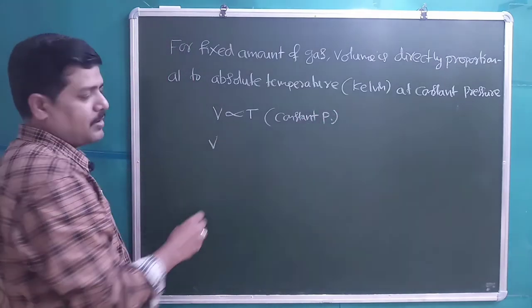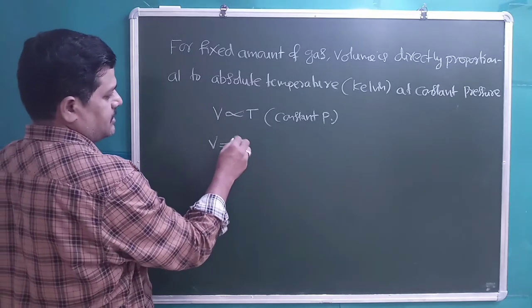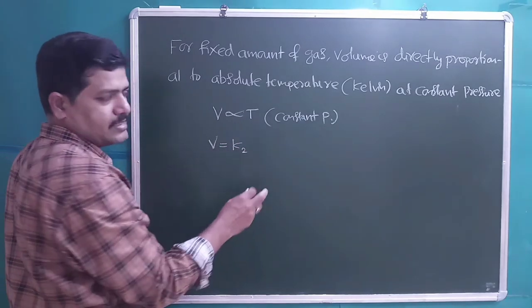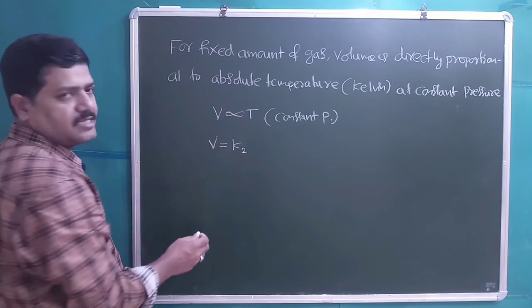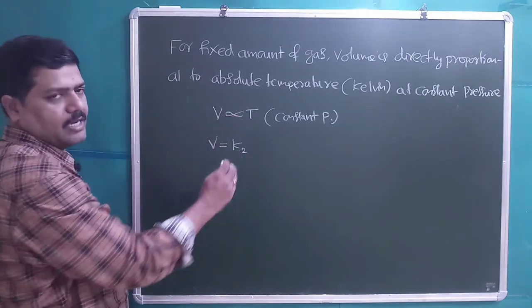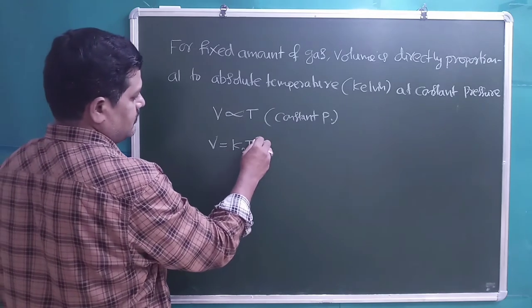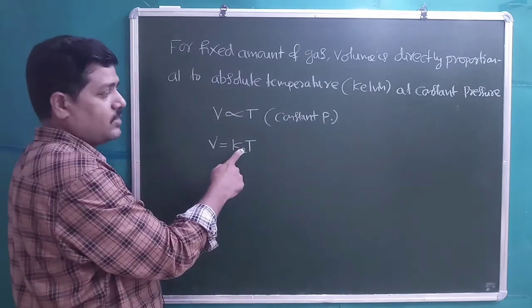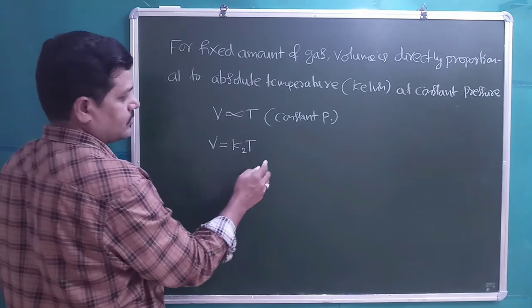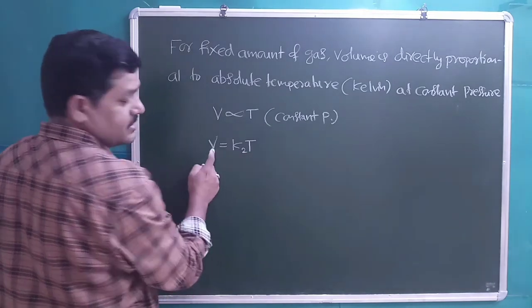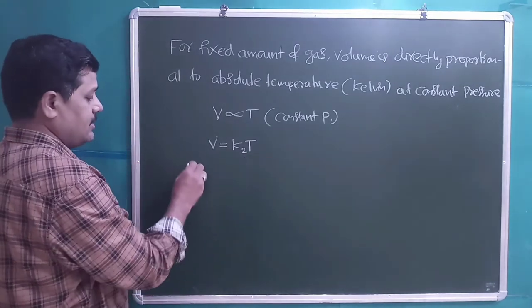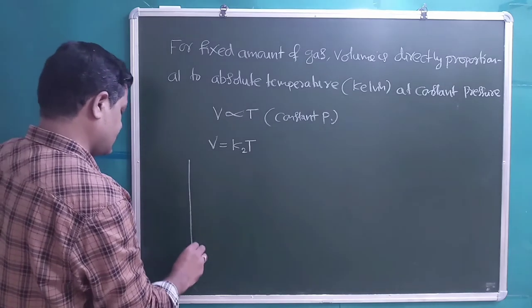Let us introduce a proportionality constant, K2. Earlier for Boyle's law we took K1, so for this we are taking K2, any other constant. So V is equal to K2 into T. Let us draw the graphs for this.